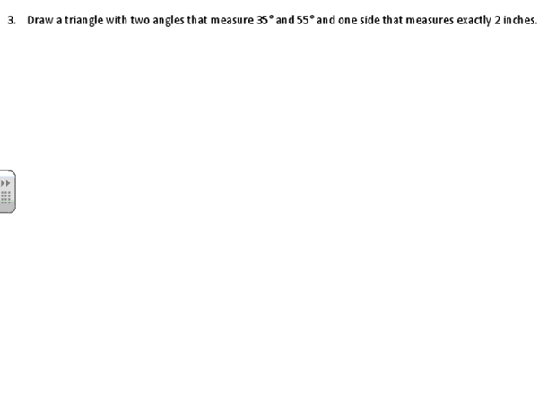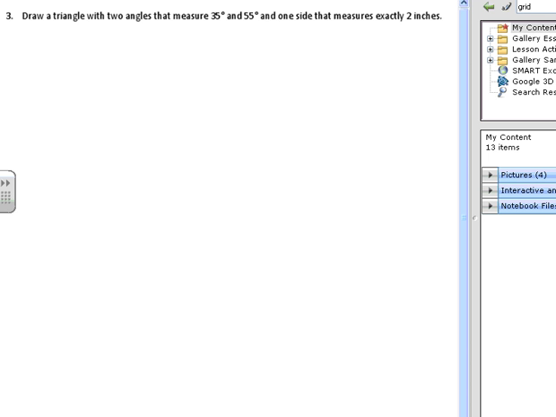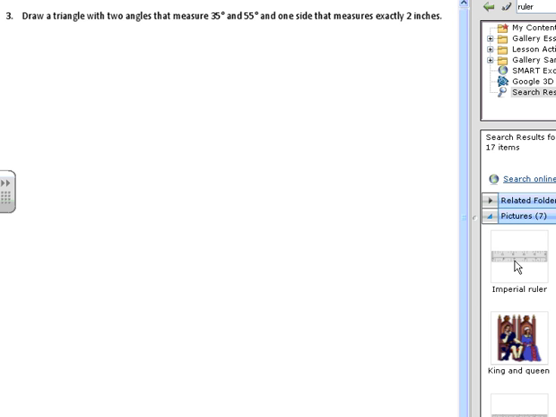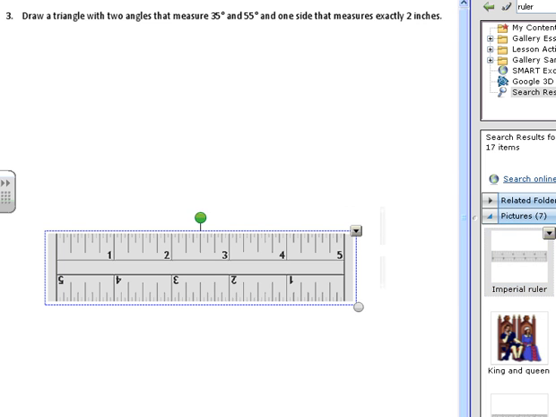Okay, number 3, draw a triangle with two angles that measure 35 degrees and 55 degrees, and one side that measures exactly 2 inches. I'm going to pull up my ruler and protractor for this one. Okay, there's my ruler.